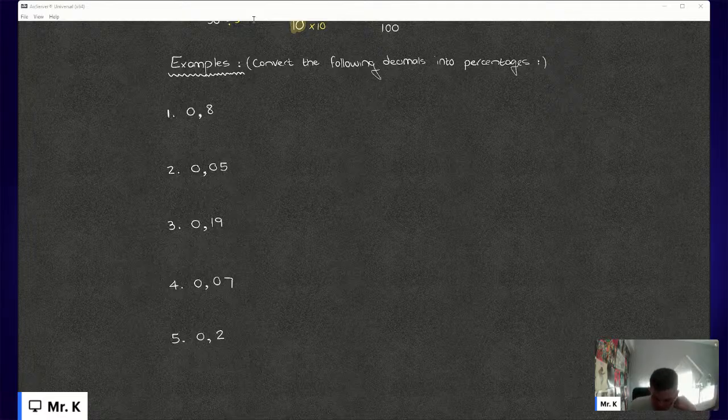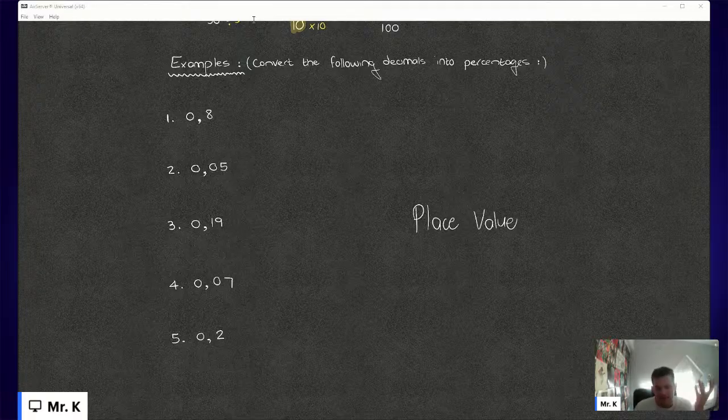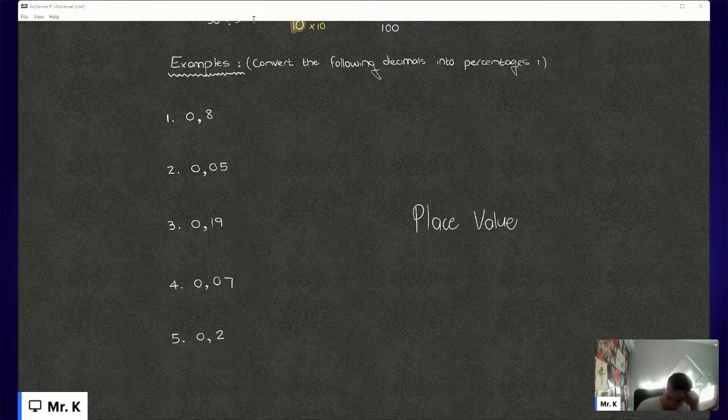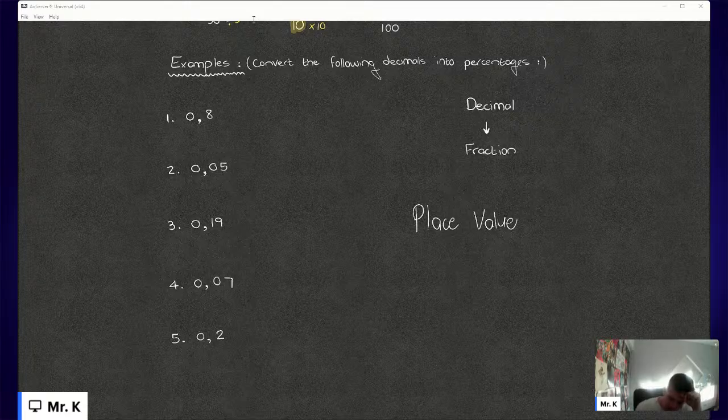So, whenever we decide to work with decimals, grade 7s, you guys should know by now that the idea of place value is very important to our understanding of decimals, right? So let's take a look at 0.8, for example, as our first attempt. I've mentioned to you guys that when we start with a decimal value, a lot of the times it's going to be easier for us to first change something to be a fraction, and then we can change it into being a percentage.